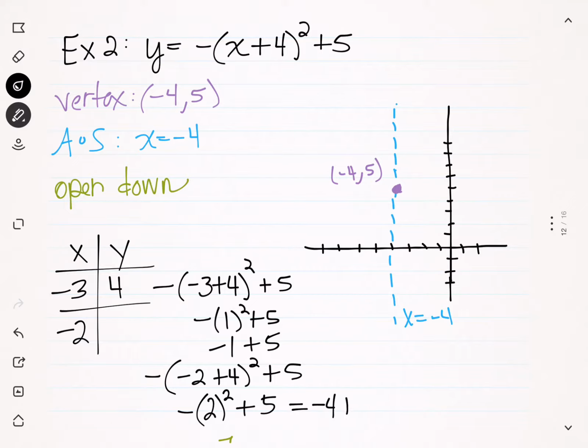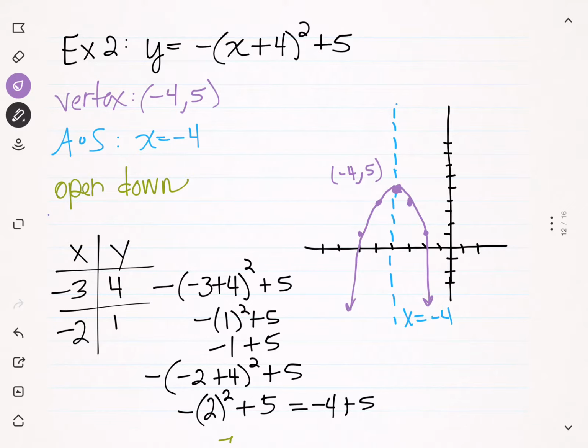So negative 4 plus 5 makes a positive 1. Okay? So let's get these points plotted up here. We have a negative 3, 4, and then a negative 2, positive 1. And I'm going to reflect these points over my axis of symmetry, keeping them nice and aligned, and then drawing my parabola, connecting the dots to draw my parabola.